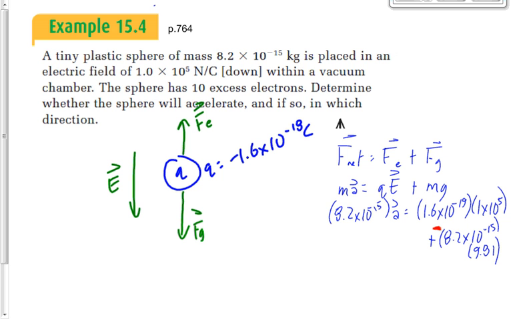Yes, this charge, because it says it has 10 excess electrons on it. What have I said there? Oh, good, you're right.